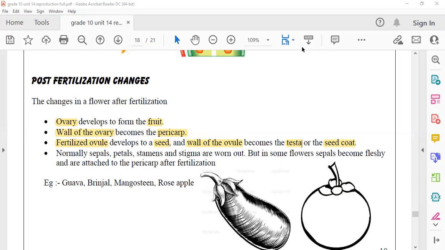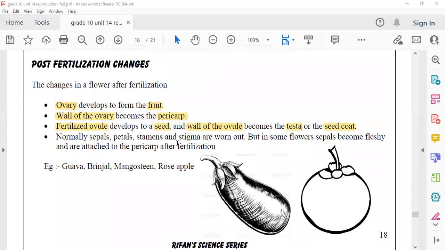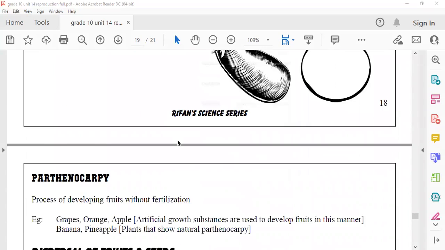And they can ask you the name of a fruit in which the sepals are not getting removed and remain in the fruit. So these kinds of questions can come to you, right? So complete that one as post fertilization changes.